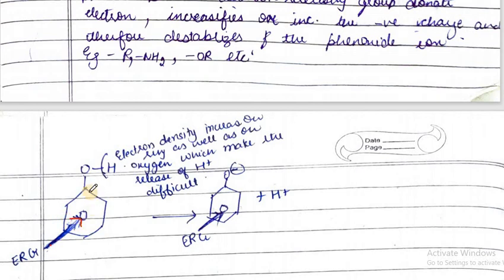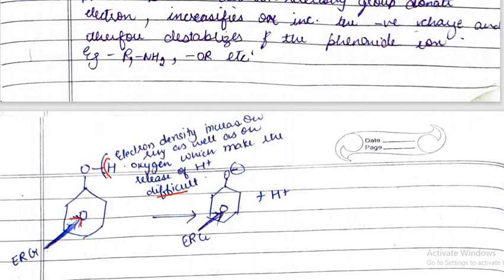When density increases on the ring, in turn the oxygen has more electron density, so it has less tendency to attract these electrons. So the release of H positive becomes difficult. So electron releasing groups decrease the acidic strength.